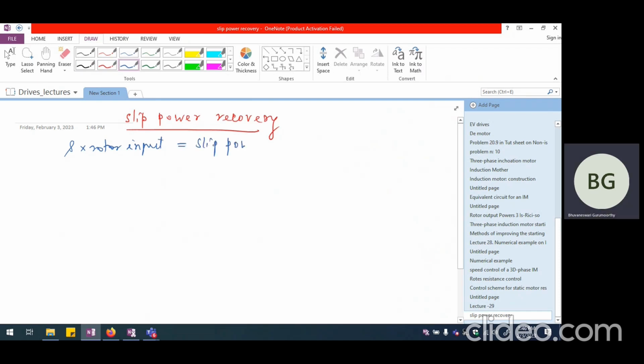So rather than wasting this in the rotor resistance, can we recover this and feed it back to the mains, or can we utilize it in some way or the other?